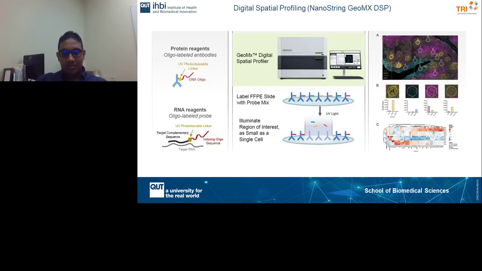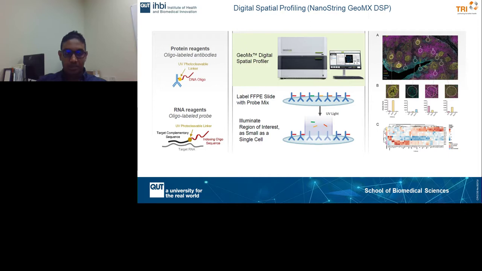So this is the technology we use to profile a number of head and neck tissue samples from patients that received IO therapy. They were recruited to Checkmate studies, and it was a preliminary study. I'm sure the audience is aware of this technology. So there are antibodies. So we looked at the proteins initially, and now we're doing the RNA.